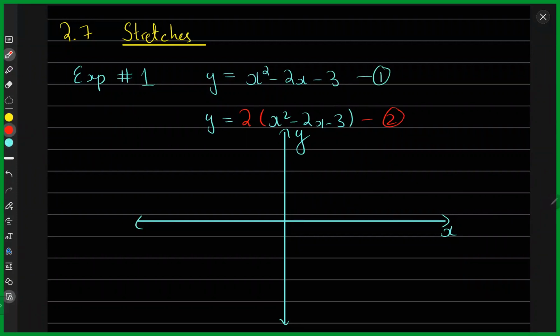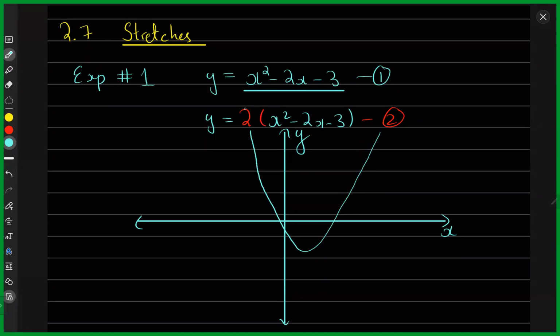Let me make the graph for 1 first. So it is going to be something of this type. I've just made the graph, and you guys know how we make these graphs by factorizing this thing, and then we find the x-intercepts and then y-intercept. Forget that. This blue graph is basically the graph of equation 1.